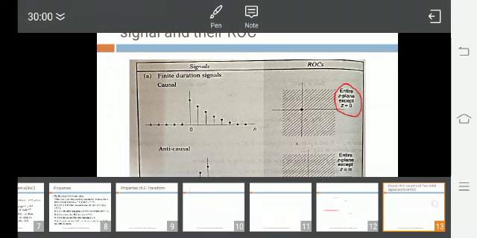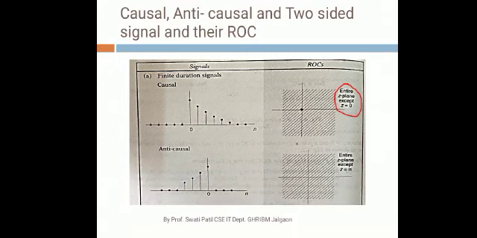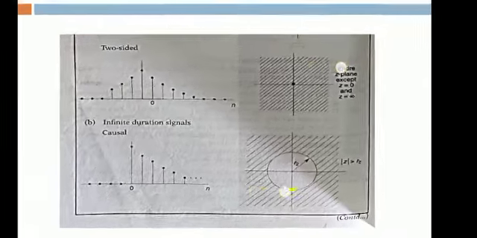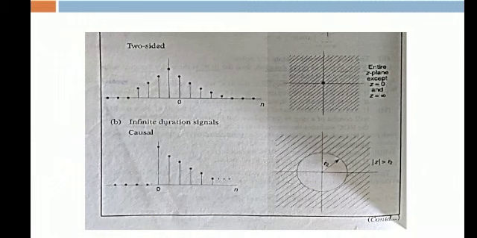But in two-sided signals, we have signals or values at both sides of the 0. So when this is the case, the region of convergence is the entire Z plane except Z equal to 0 and Z equal to infinity.